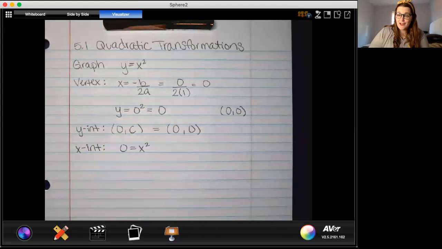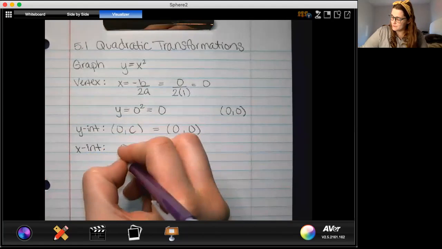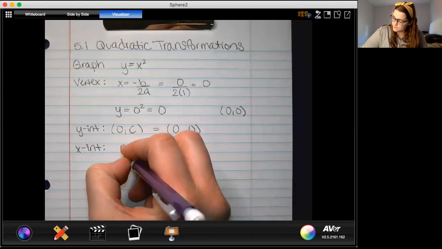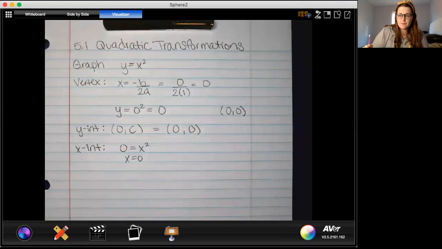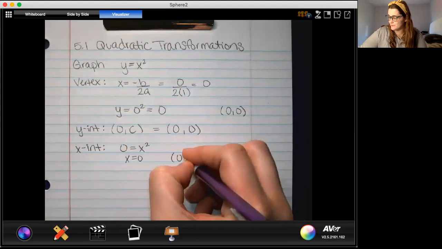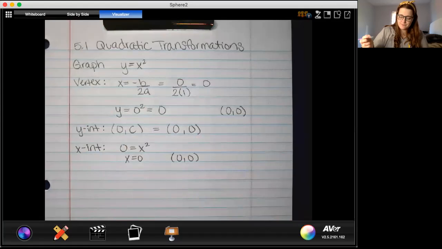You're not going to have to do any factoring, quadratic formula, or completing the square on this problem because x squared equals 0. That would mean that x equals 0. There's nothing fancy about that one. So again, you have 0, 0.